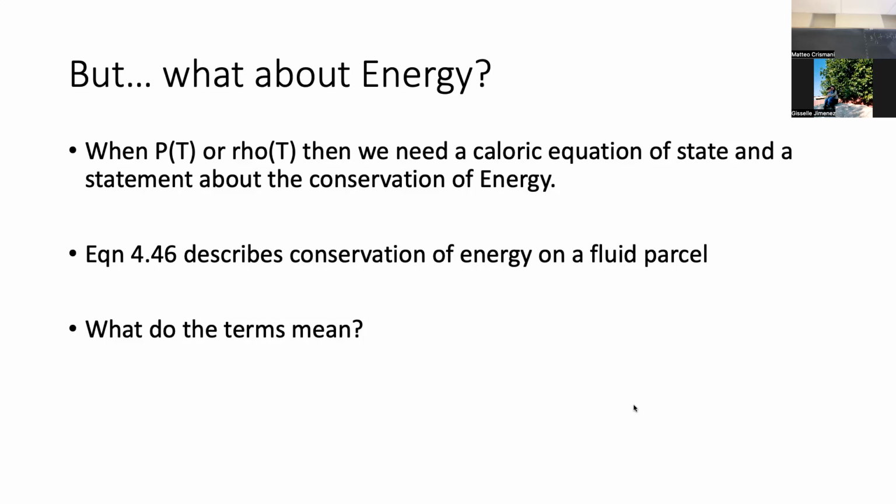What's the relationship? E over rho. It's the specific energy. Internal energy, does that make sense? So what this is saying is I can either increase the kinetic energy or I can increase the internal energy.